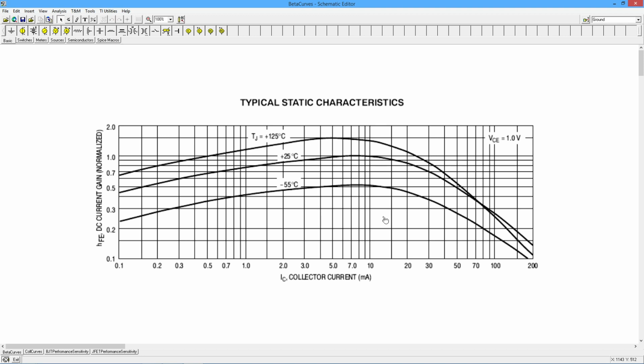And there's actually a third sneaky variation in this diagram. The question is, can you see it? The clue is up in the right-hand corner. This set of curves is for VCE equals 1 volt. What happens when we change VCE?